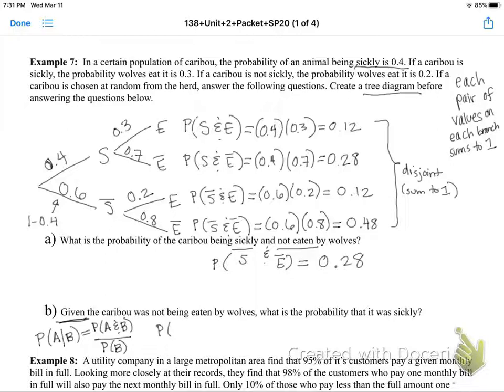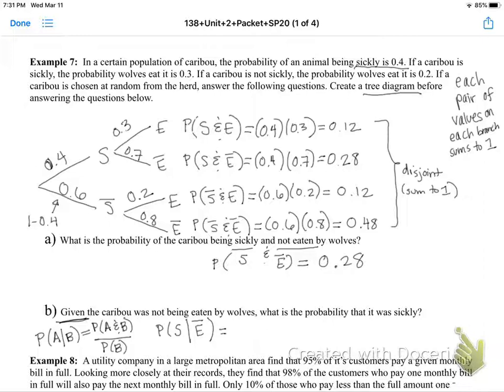That's a weird way of writing this. They say given first. So given it was not eaten by wolves, what is the probability it was sickly? So we put that first because this is read: the probability that it was sickly given, this line literally means given, it was not eaten.